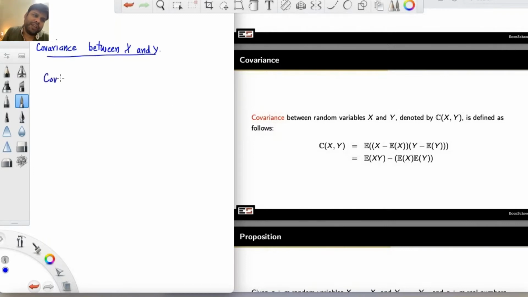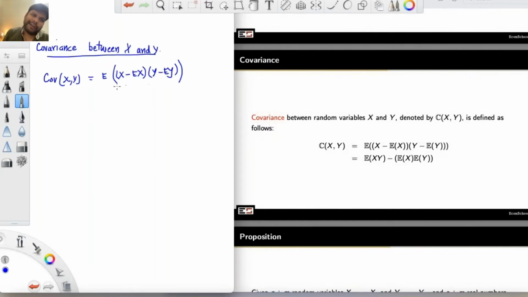I'll be using either this notation to denote it, or I'll be using this one. Both mean the same thing; I'm just talking about covariance. So what is the covariance of X and Y? It is the expected value of (X minus EX) times (Y minus EY).